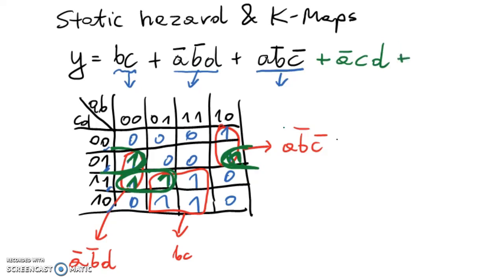So the second product to be added to eliminate the hazard is not C, D, and what about A? First A, not B. So it is not B, not C, and D. And these are exactly the same two products we have introduced when discussing the analytical method.